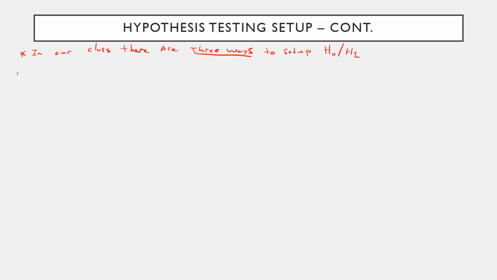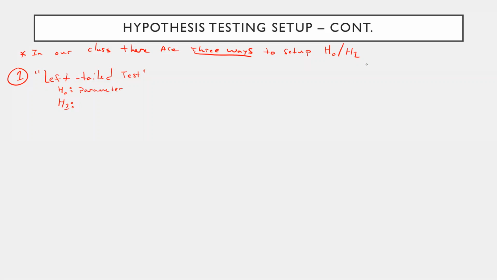The first type of test that we're going to set up is what's called a left-tailed test. When you set up a left-tailed test, you're going to have your null statement and your alternative statement. What a left-tailed test looks like is you're going to have your parameter.